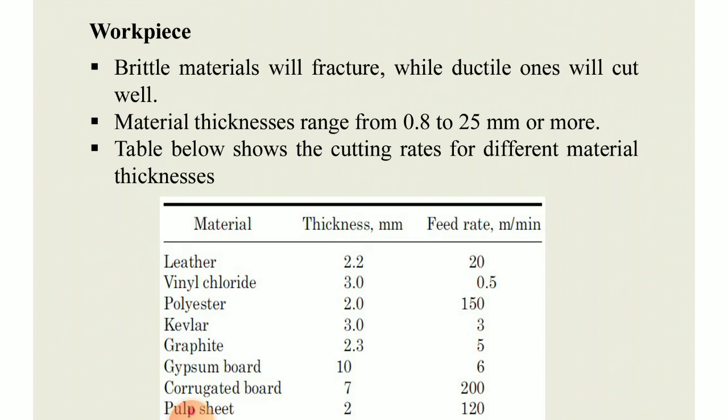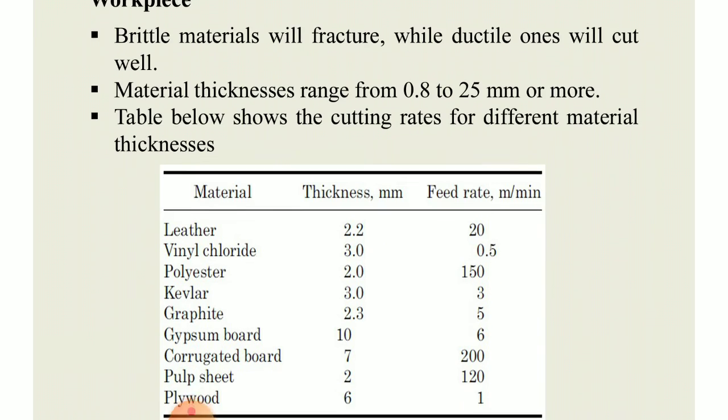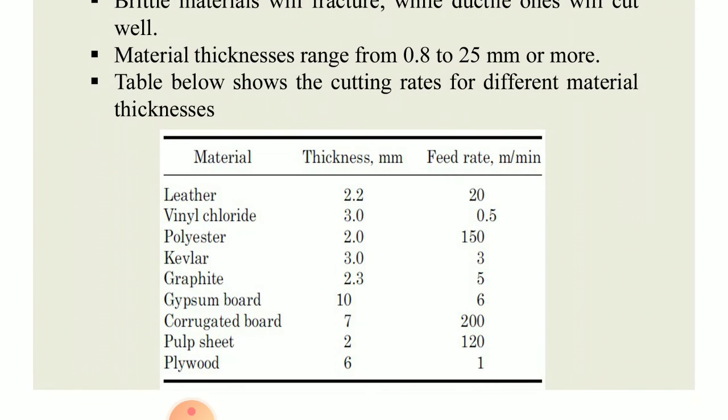The table is representing cutting rates for different material thickness. Few of them I would like to mention here are leather, vinyl chloride, polyester, Kevlar, graphite, gypsum, corrugated boards, pulp sheet, plywood. Right?